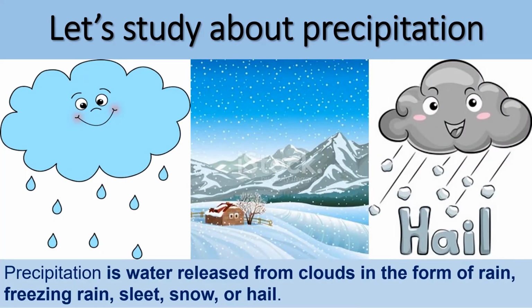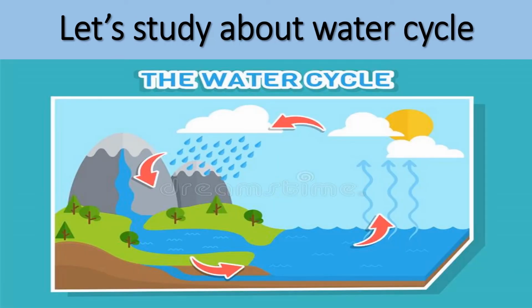Precipitation is when water is released from the clouds in the form of rain, sleet, snow or hail. We know that there are three forms of water: solid, liquid and gaseous. So when the water comes down in any of the forms such as rain, snow or hail, that process is called precipitation.